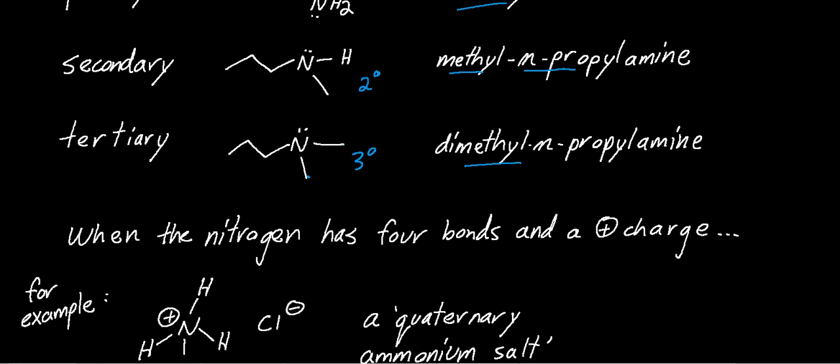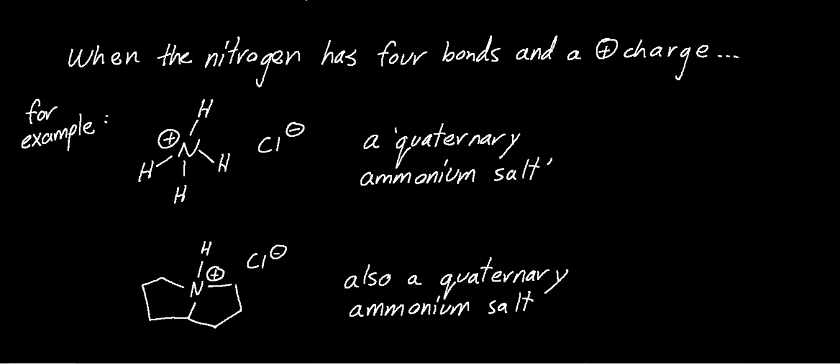There's a sort of weird special nomenclature for nitrogens that have a fourth bond, which they can certainly do, using that lone pair to form a fourth bond. Notice this is similar to ammonia, but the common name for this is a quaternary ammonium salt. Quaternary comes from the four bonds, but it's not really consistent with the nomenclature for primary, secondary, tertiary.